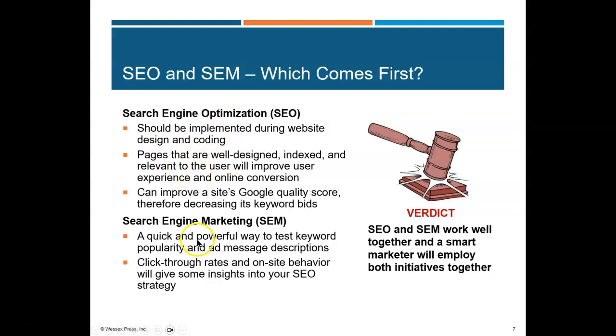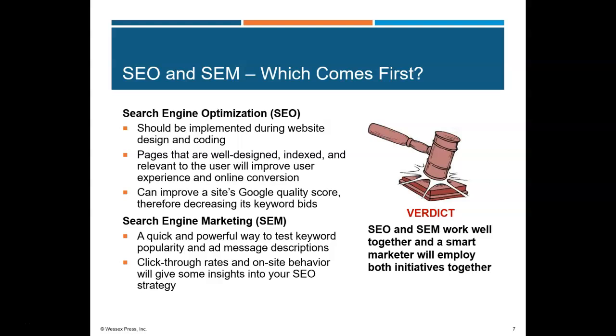process for each of these, SEO and SEM, you can see that they say SEO should be implemented during website design and coding. Pages that are well designed, indexed, and relevant to the user will improve user experience and online conversion.